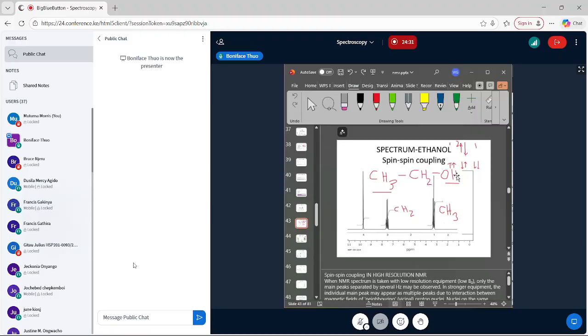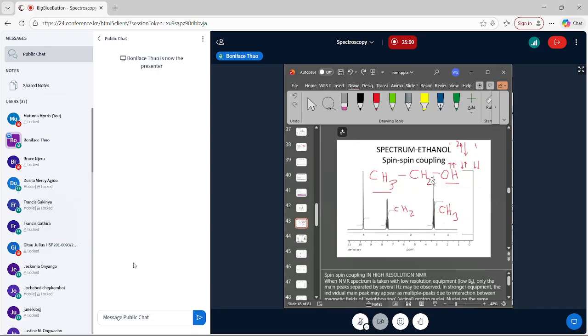So this hydroxyl proton is not coupled to the methylene protons because the residence time is short, and therefore it is not splitting the hydrogens.